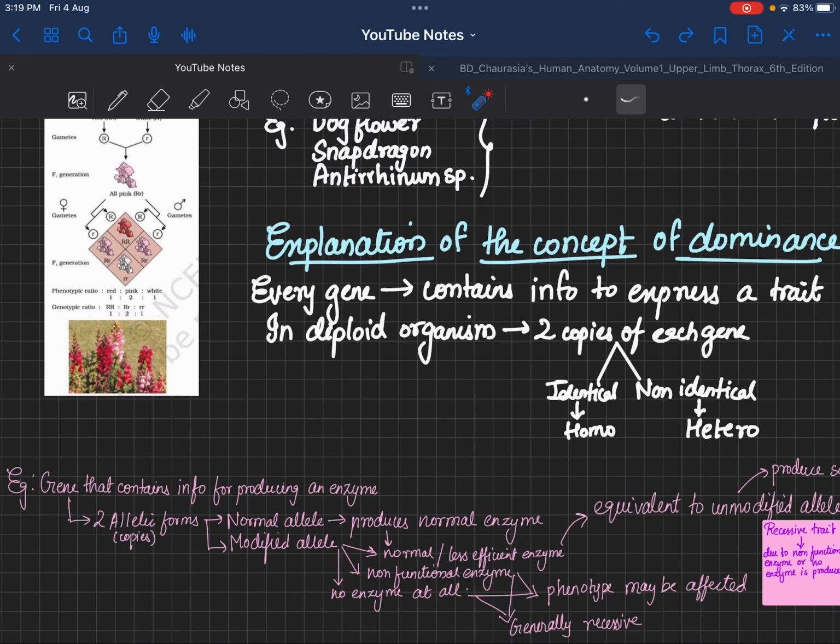Now let us take an example. This is also from the textbook only. A gene that contains information for producing an enzyme. Now it has two allelic forms, that are the copies. The normal allele will be there or the modified allele. Now the normal allele produces the normal enzyme, that means the normal is dominant. When it is modified, there can be three forms: it can produce a normal or less efficient enzyme, it can be a non-functional enzyme, or it can be no enzyme at all.